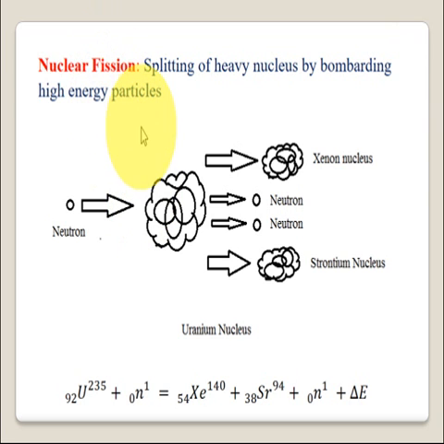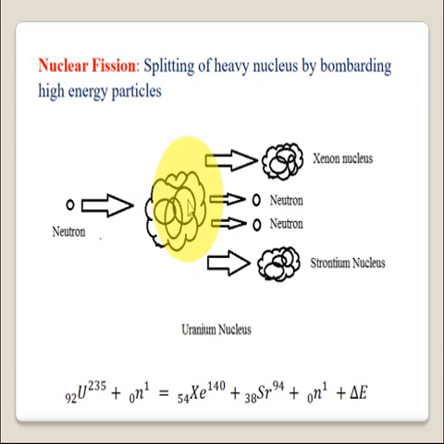In nuclear fission, a heavy nucleus is split by bombarding it with high energy particles, meaning neutrons. Here, the typical example of fission of a uranium nucleus is shown.